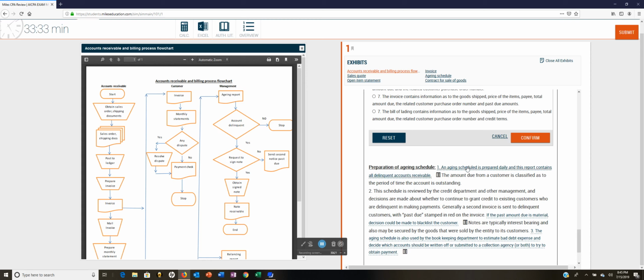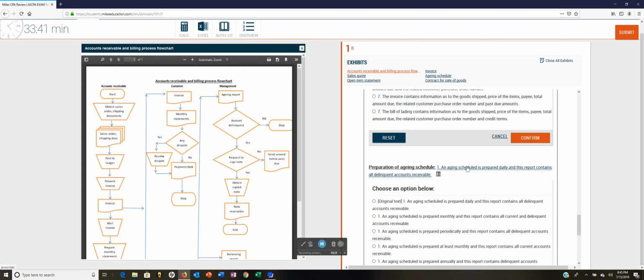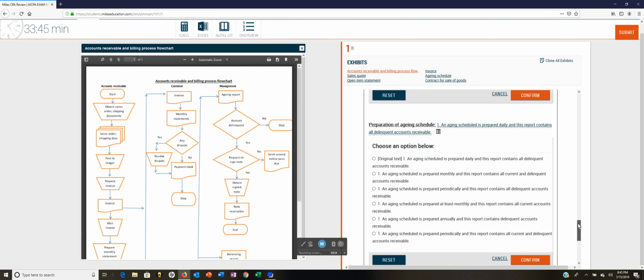But let's look at this one. An aging schedule is prepared daily, and this report contains all delinquent accounts receivable. I'll be honest with you, that looks right, except that you don't prepare it daily, right? You prepare it periodically. So without even looking at the answers, I look down, and that one looks right to me right there.